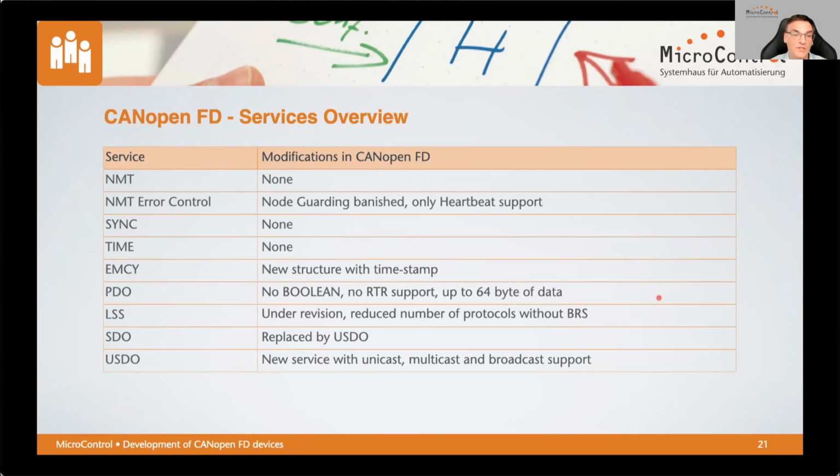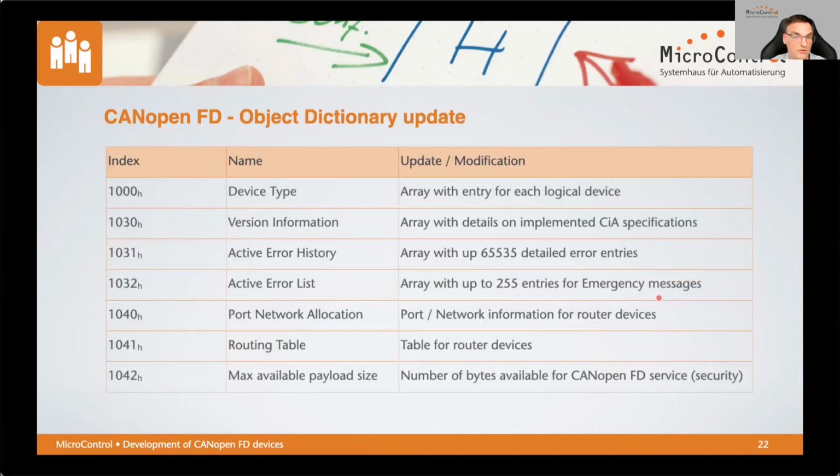Only the new services are emergency, which gets a new structure, and the new USDO service. Also, within CANopen FD, there has been an object dictionary update, but from the point of view of the software, that's not a big deal. You simply insert some new objects and provide the information for them.